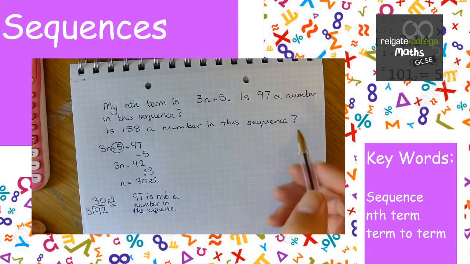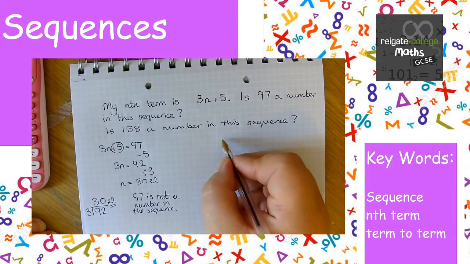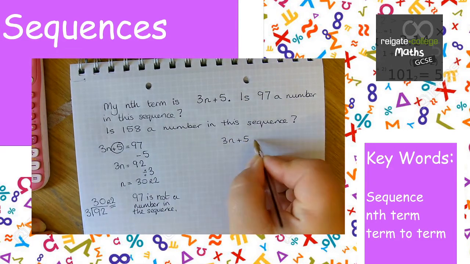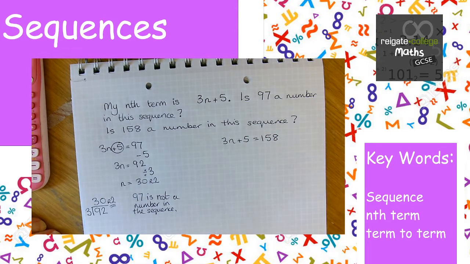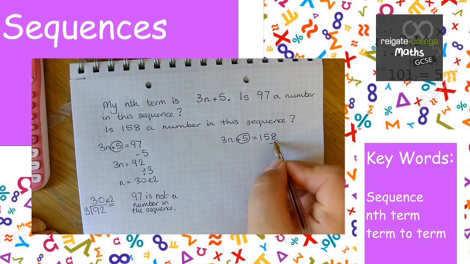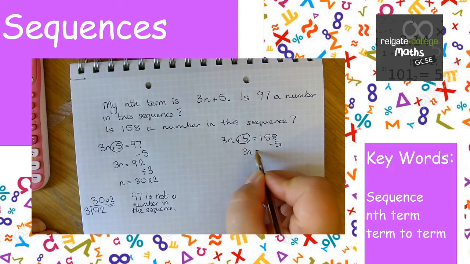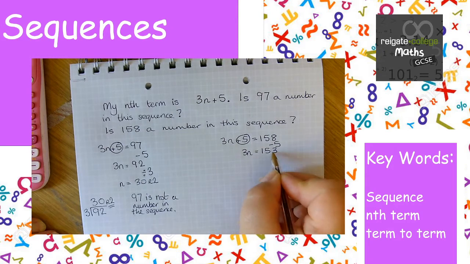My second example says, is 158 a number in the sequence? I'm going to try it again. 3n plus 5 this time equals 158. I'm going to solve the equation in the same way. First, by subtracting 5, 3n equals 153.